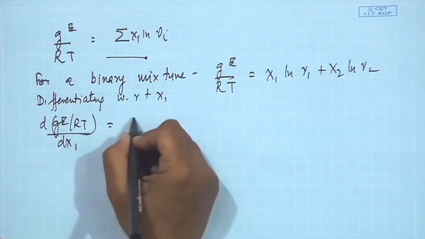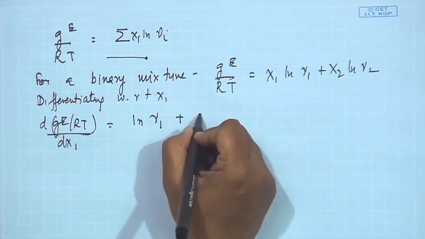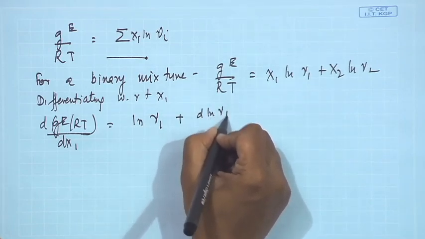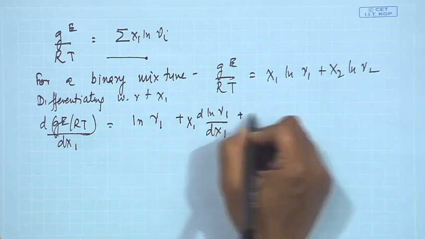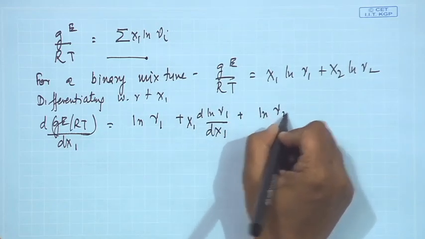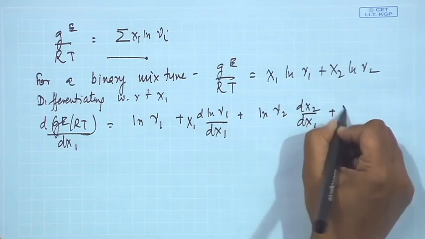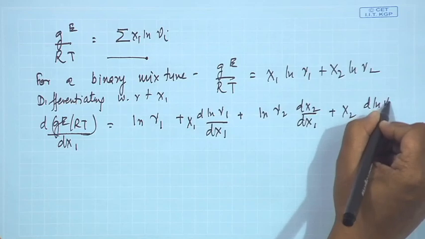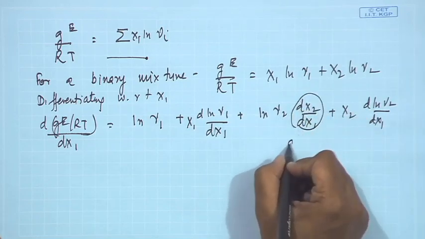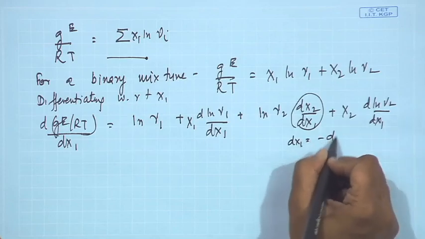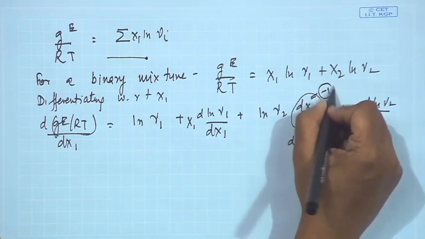This should be equal to ln gamma 1 plus x1 d ln gamma 1/dx1 plus ln gamma 2 dx2/dx1 plus x2 d ln gamma 2/dx1. What is this term? We know dx1 equals minus dx2. Therefore, this term is nothing but minus 1.